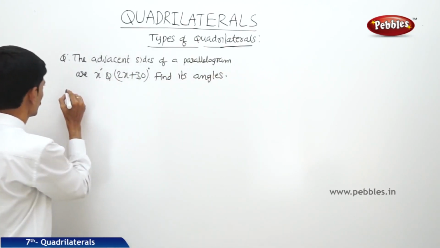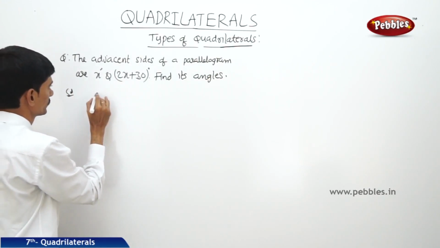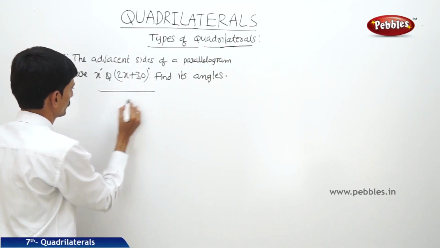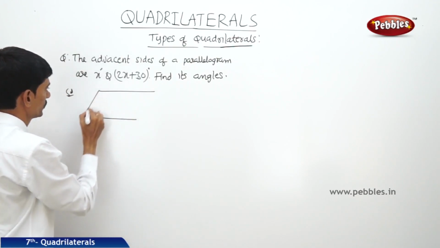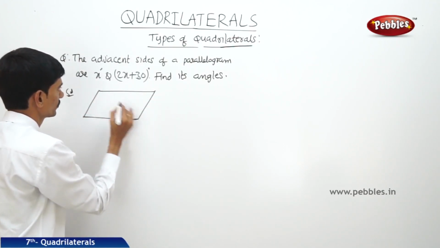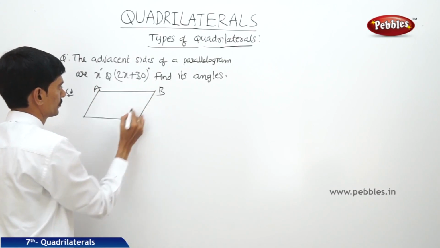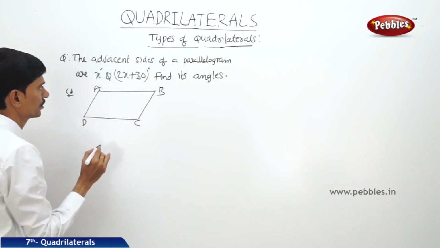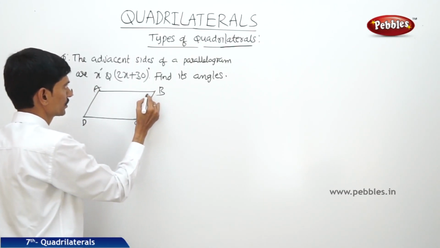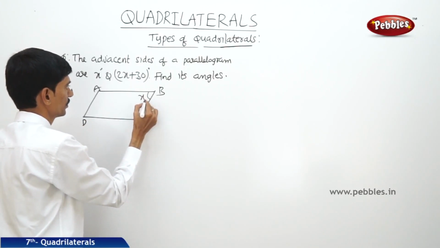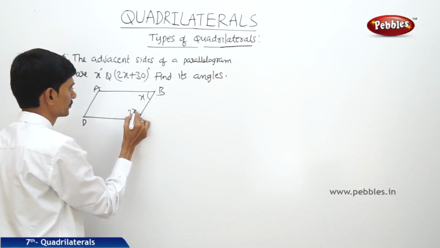Now in a parallelogram, the two adjacent angles are x and 2x plus 30.